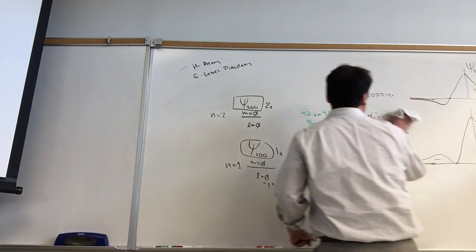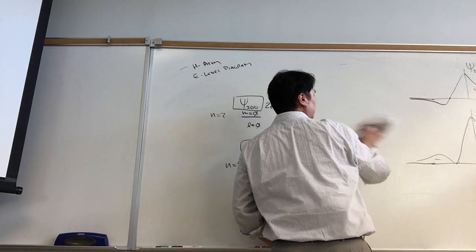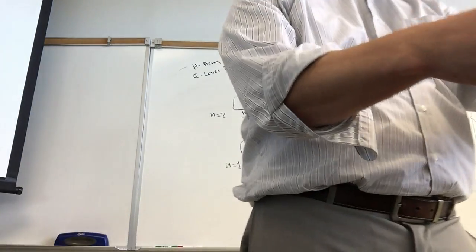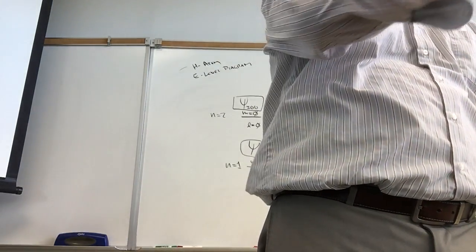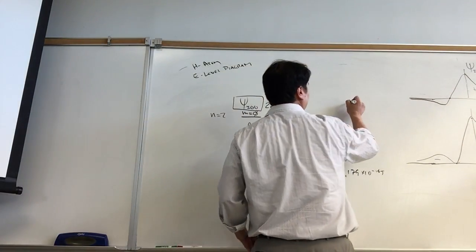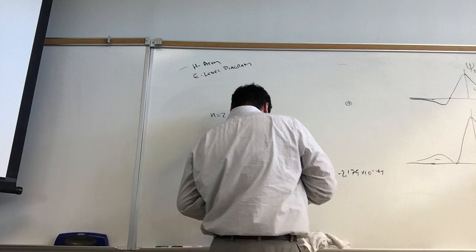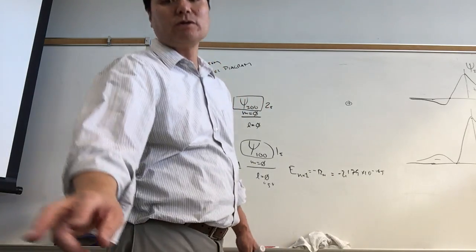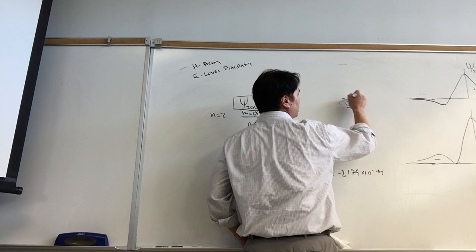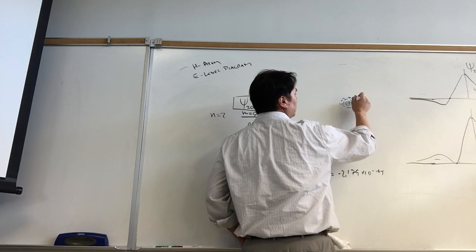And so nodes are regions of 0 probability. If I'm looking at a 2s orbital, it is bigger than a 1s orbital, and then we have something called a node inside there. If I look at the electron cloud of a 2s orbital, the greatest probability is going to be closest to the nucleus. So the most dots will be here.